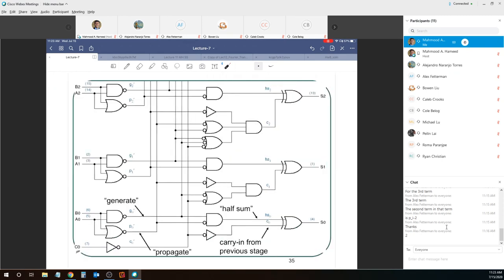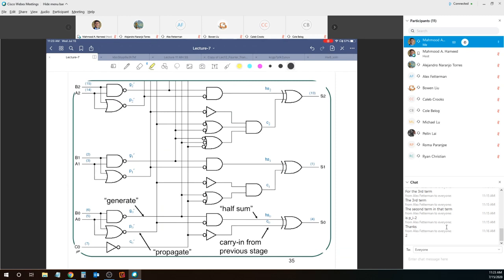Now, because we have the logic expressions for the generate function, the propagate function, and for the sum, by using those expressions we can sketch things out using logic gates. So over here, we are essentially translating the expressions that we wrote into a logic gate format. One thing that I would like you to note here is the number of inputs.